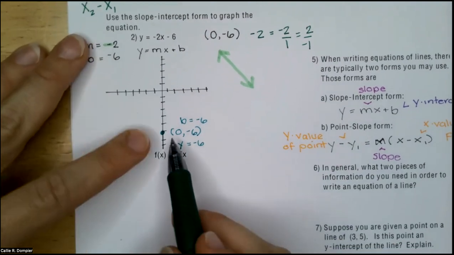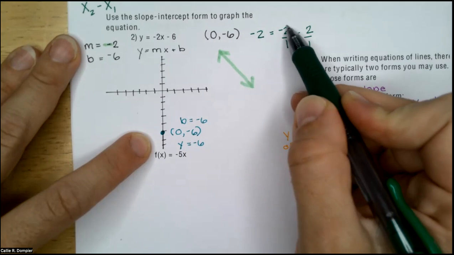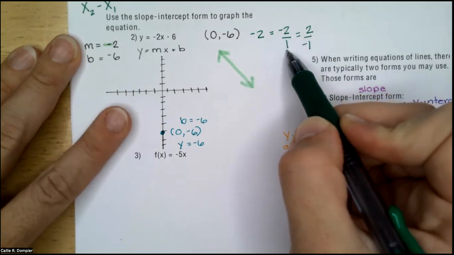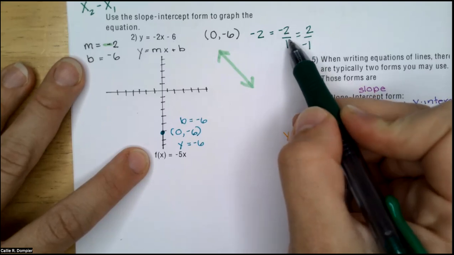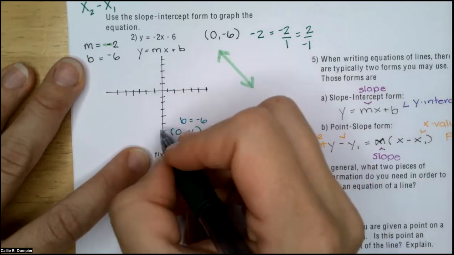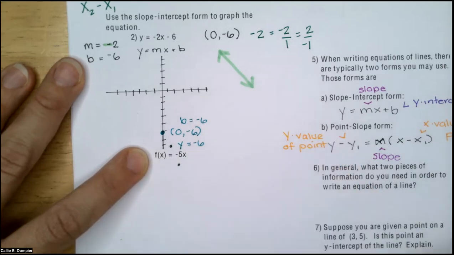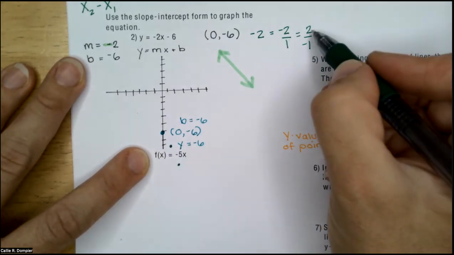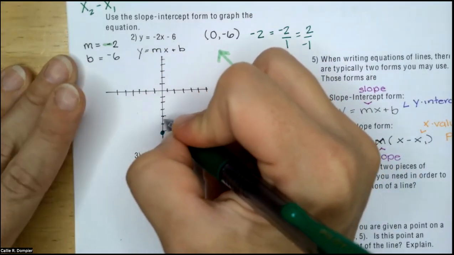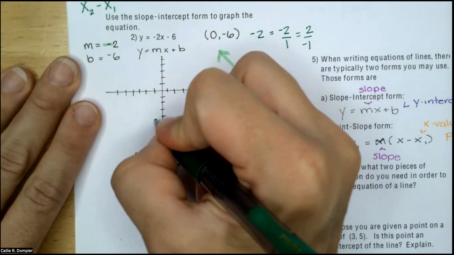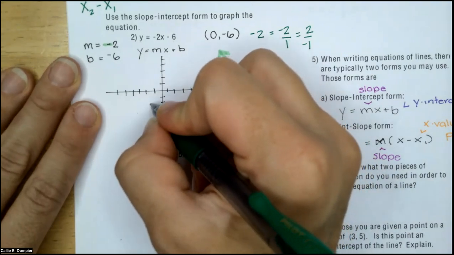Okay, so from 0, -6, I want to go down 2 on the y-axis, right 1 on the x-axis. 1, 2, 1, 1, 2, 1. Okay, or I can go up 2 on the y-axis, but then left 1 on the x-axis. 1, 2, 1.